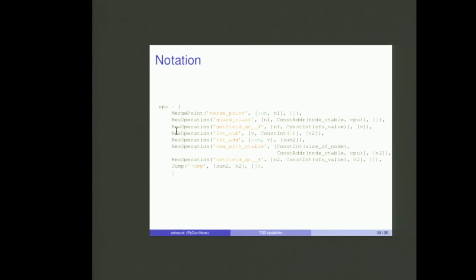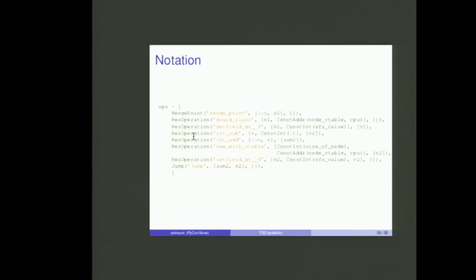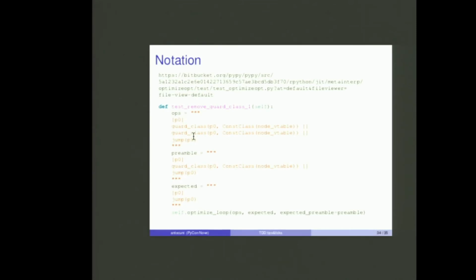Of course, here you don't know what a guard class is, because it's something PyPy specific, but I think it's clear that reading these 3 lines of code, once you understand this mini language, is much easier than reading this. And also it's much easier to write. And when you have to write new tests, it's more fun to write them instead of having to type all the stuff. And so basically that's it, I think.